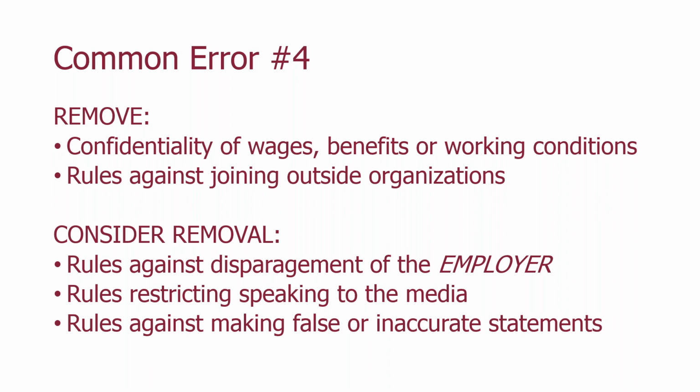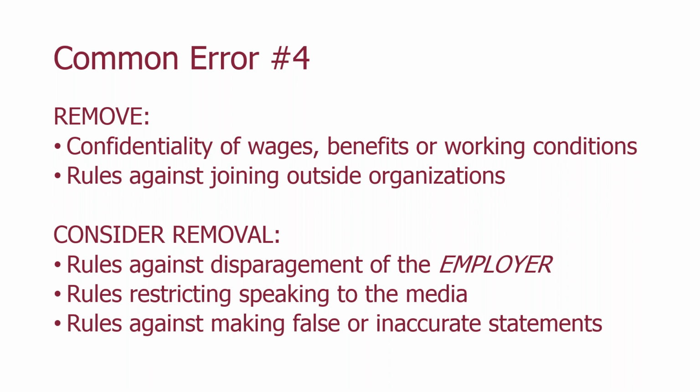Remove rules restricting speaking to the media. That can be tailored to not speak to the media about trade secrets or other confidences of the employer, but just a broad rule restricting speaking to the media is going to violate Section 7. Similar to rules against making false or inaccurate statements. So it's really got to be limited to rules against making defamatory statements against a company.